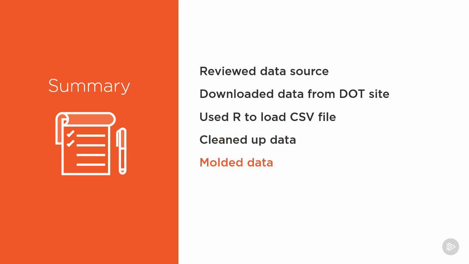Then we molded the data by removing rows we could not use and changing the data types in columns to what we needed. We also verified that we could use the data for prediction. And along the way, we discussed data rules that guided our work. In the next module, we'll select the algorithm that will be trained by our data to produce our prediction model.